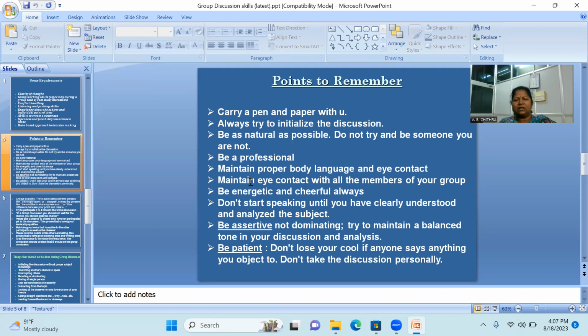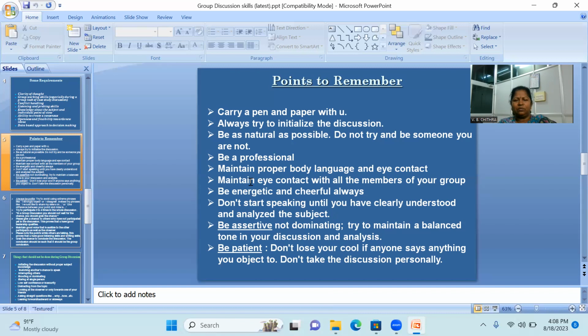Don't start speaking until you have clearly understood and analyzed the subject. If you don't have the subject knowledge, don't make controversial statements. You need to be very simple. Be sure you know the point correctly and have some factual evidence with you, and only then speak on that particular subject.